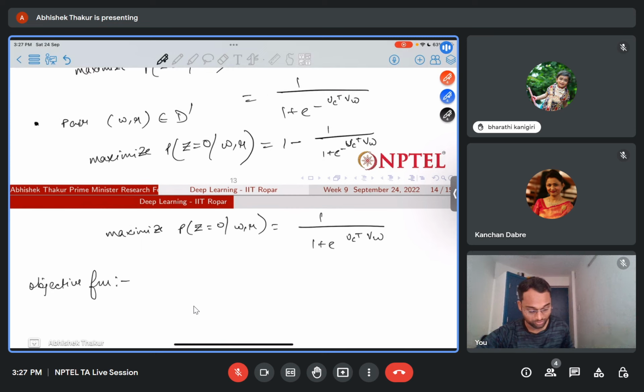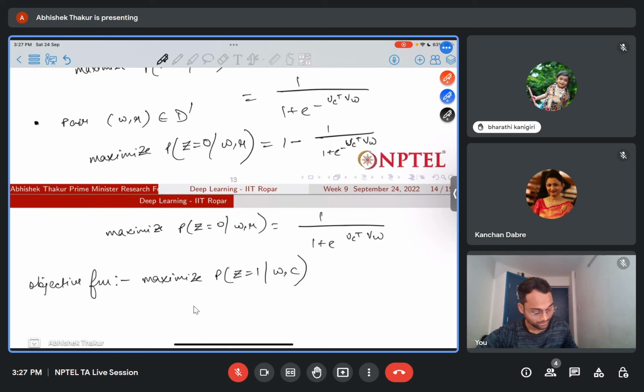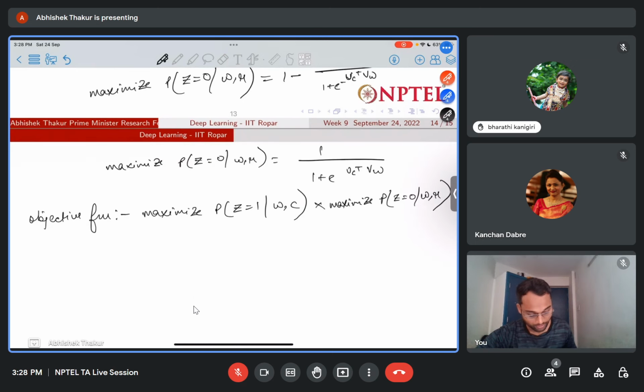Just maximize both: the probability such that z is a true statement and the word and context is a correct pair, times the probability such that z is equal to 0, that is a false statement, and the word is a wrong match with these words. Again, we have to do this calculation that is already done in the lecture, as you can see.